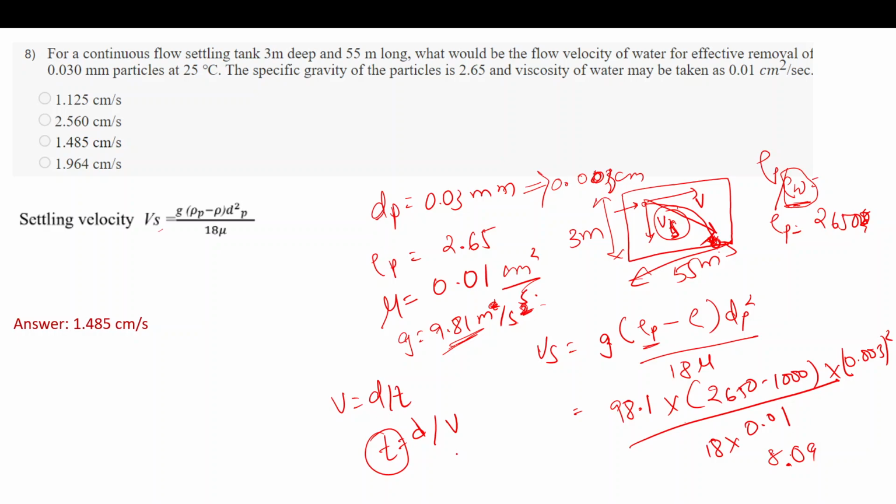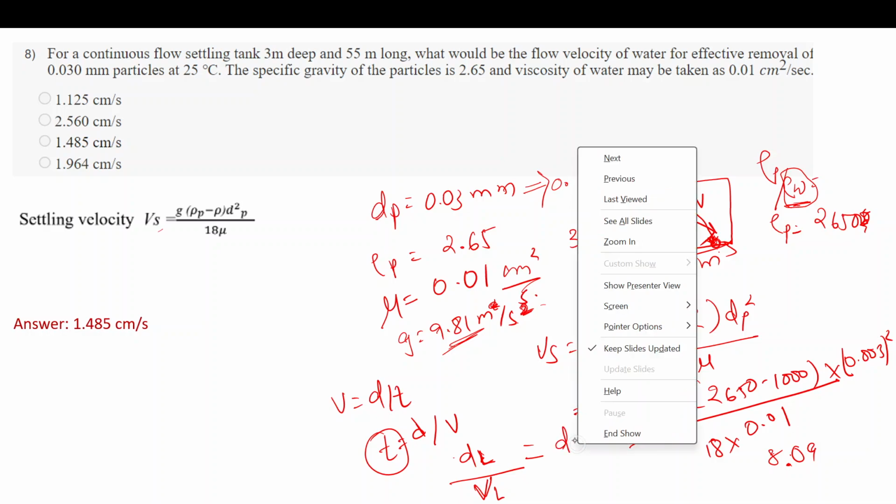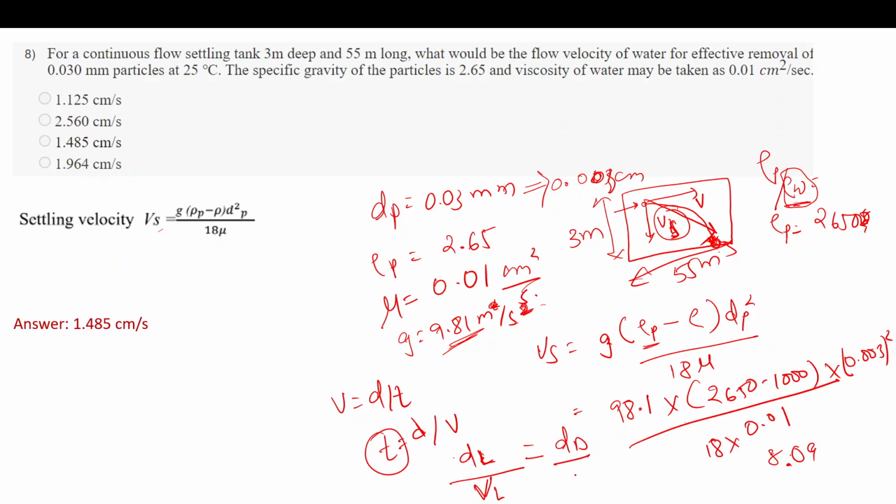In the case of horizontal distance, the time required will be the length, the distance traveled, per unit horizontal velocity, equals the distance traveled in the vertical, which is the depth, divided by the vertical velocity, 8.09.